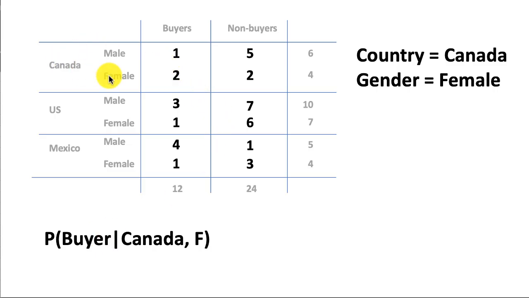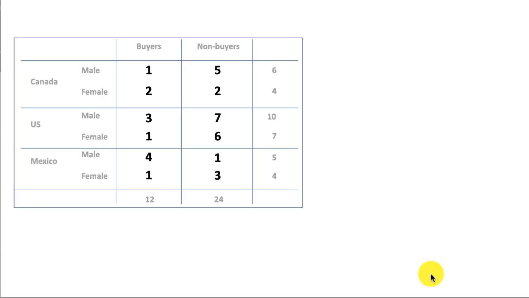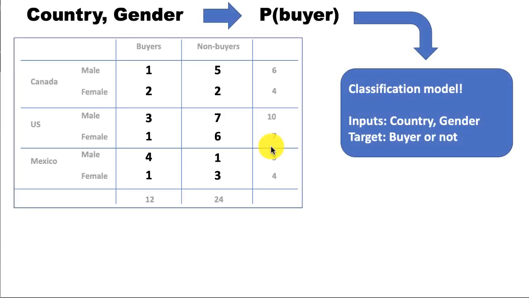Given Canada and female, there are a total of 4 people, 2 of them are buyers, so the probability is going to be 1 by 2, 2 by 4. So given country and gender, what is the probability of buyer? Well, that's a classification model right there. The kind of conditional probabilities we've been looking at are closely allied to predictive analytics, especially to classification.